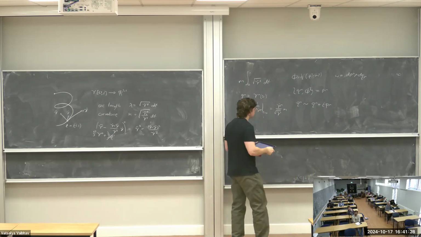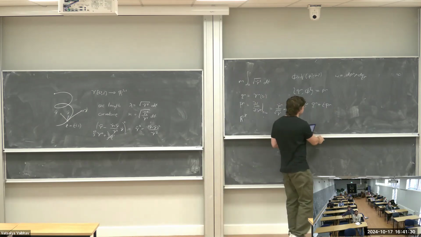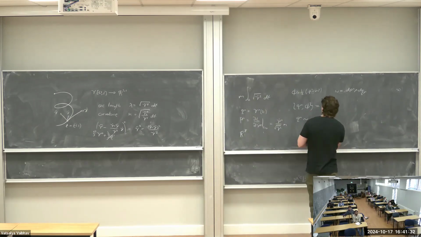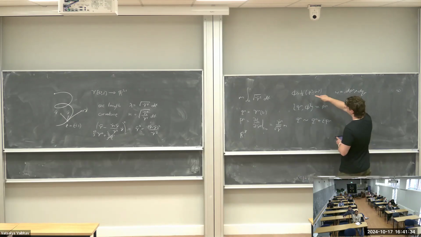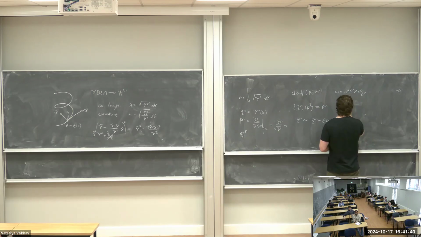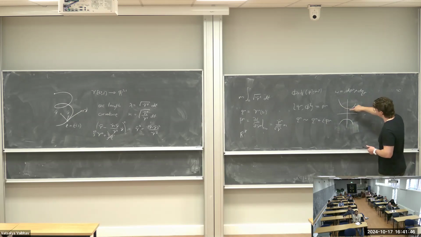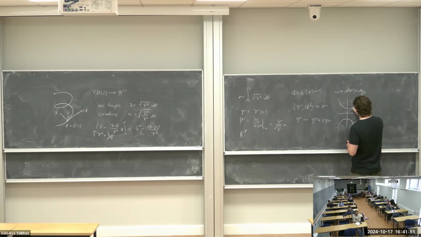So when I say these are equivalent, let me draw a picture. This constraint surface p squared equals m squared means that my p lives on this mass shell. Let's have some point here.